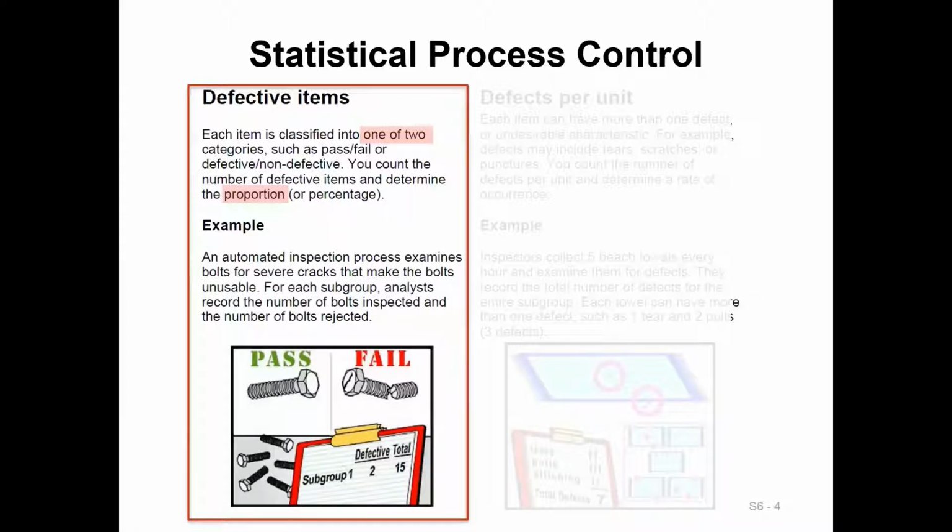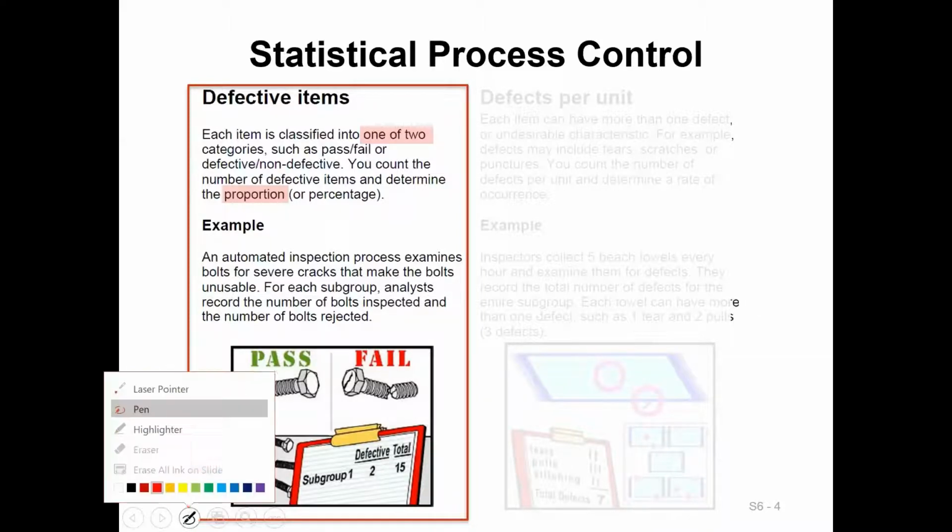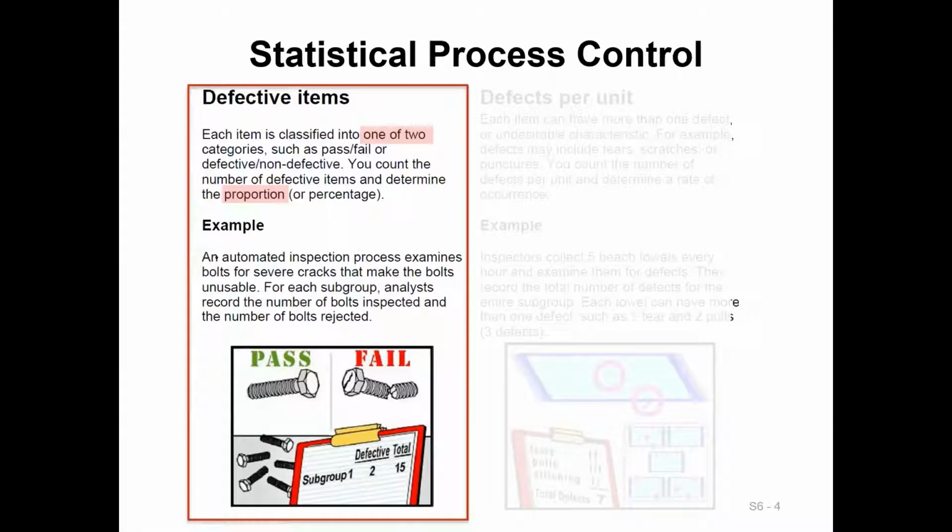Then the main difference between NP-chart and P-chart is that in NP-chart we are counting the number of defective items. As for P-charts, instead of counting the defective items, we are assessing the proportion or the percentage of the defective items. So it's no more counting.